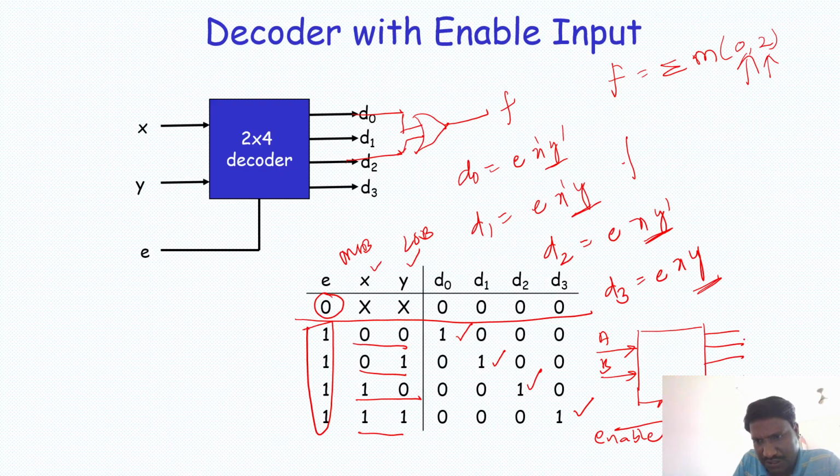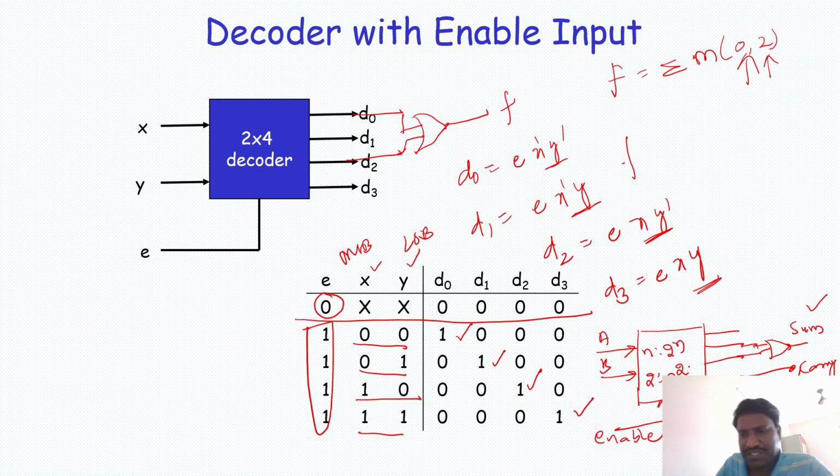Out of these 4, if I combine these two with respect to OR gate, I will get my sum, and this itself is carry. I got sum, I got carry. What is this? N to 2 power n decoder. It is 2 to 2 power 2 decoder, 2 to 4 decoder. From decoder, I am getting half adder.